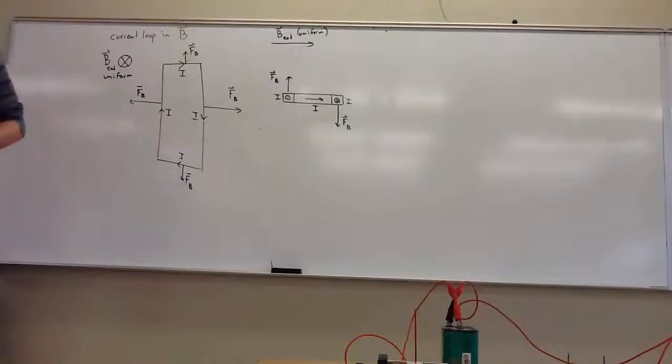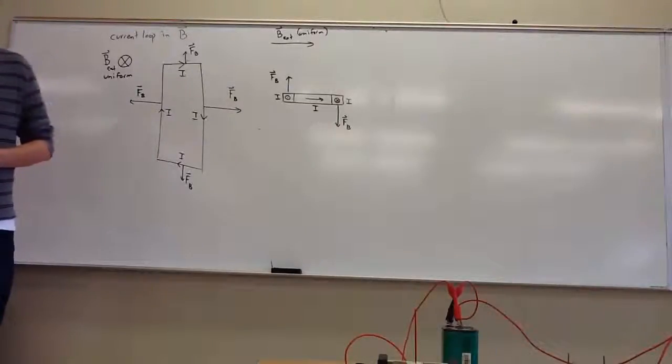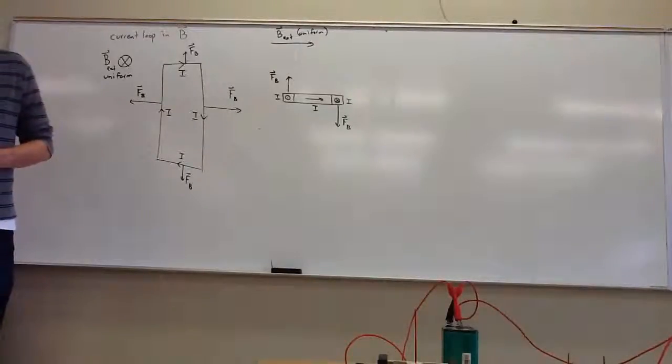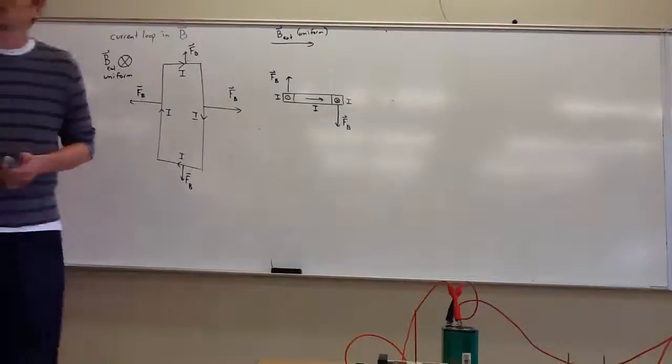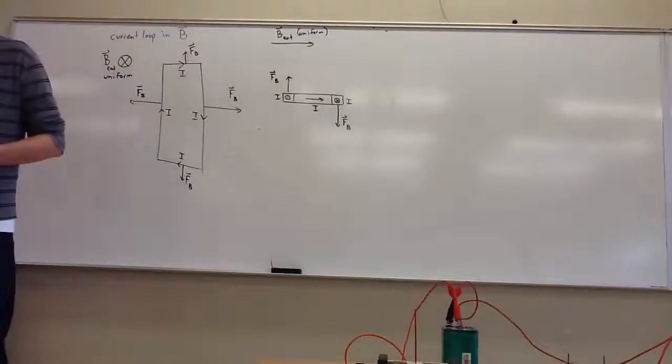Now here's the tricky one. What about that current across the front? How can you slap I into B when it's already going in the direction of B? What do I do? No force. There's no force, right? Remember that if the charges are moving parallel or anti-parallel, there is no force anyway.